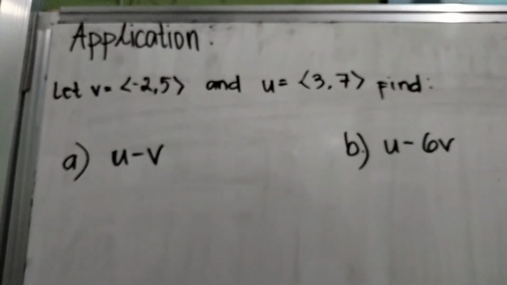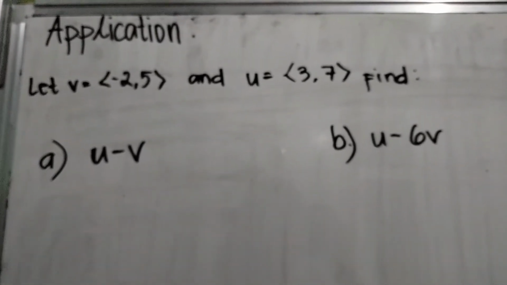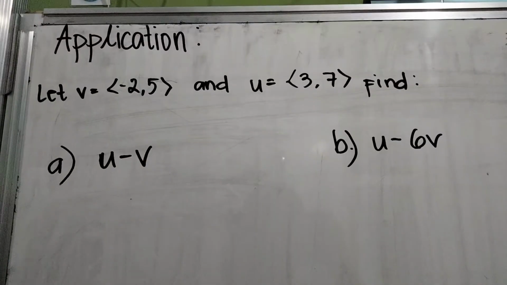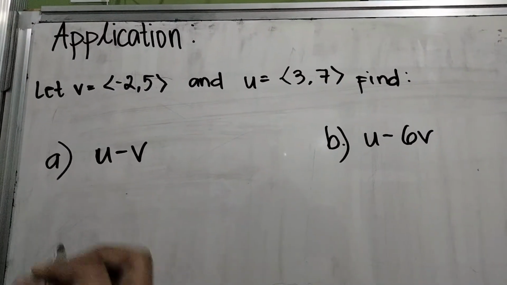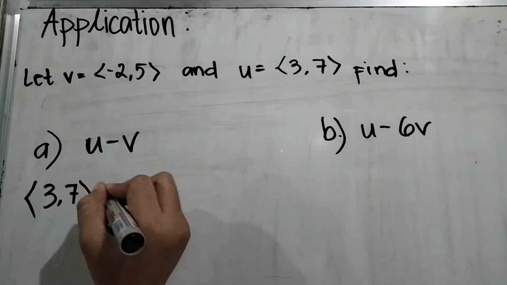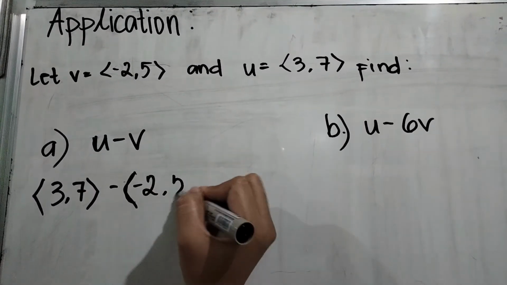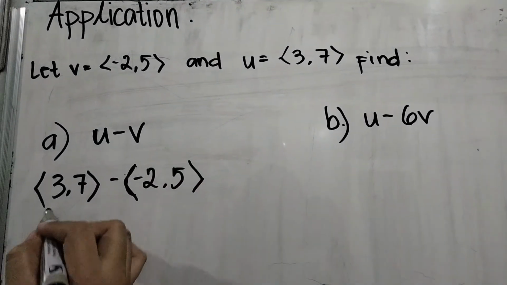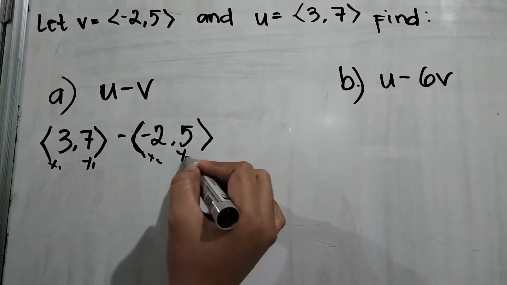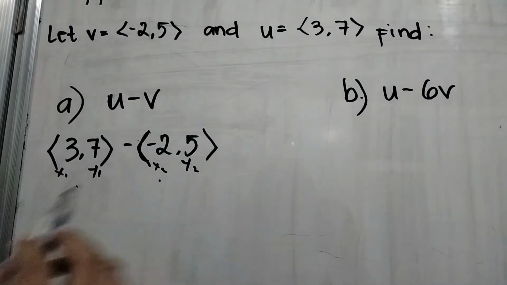V is equals to negative 2, 5, and U is equals to 3, 7. So, first, we are going to find U minus V. Di ba nandito naman na yung given? Ikakopy lang natin. 3, 7, minus negative 2, 5. So, sabihin natin ito yung x1, x2, y1, y2. Una, ito muna yung iaano natin.